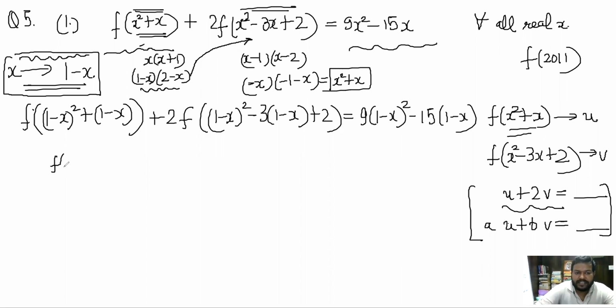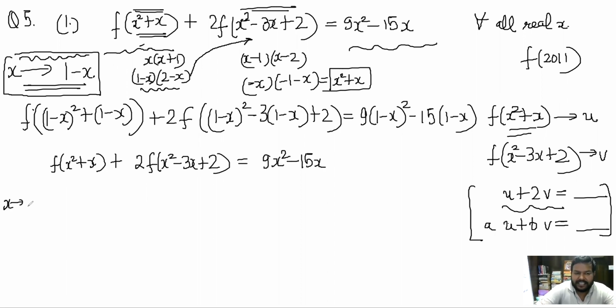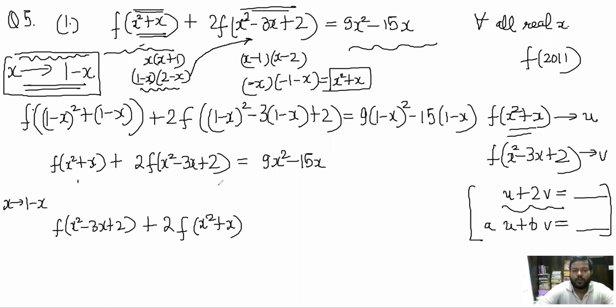So the original equation is f of x squared plus x plus 2 times f of x squared minus 3x plus 2 is equal to something. After you replace x with 1 minus x, this one becomes f of x squared minus 3x plus 2, and this one becomes 2f of x squared plus x, right? So you get a system of equations with the same two variables.